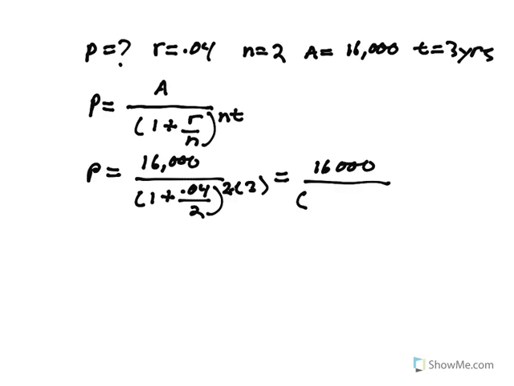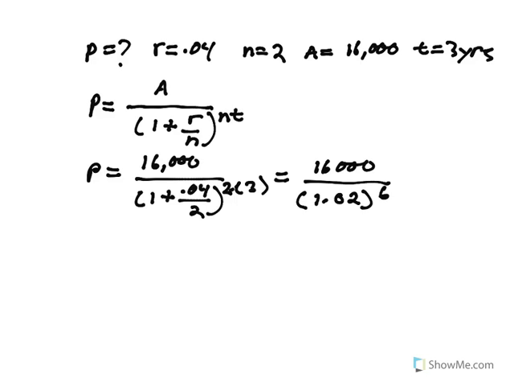When you do 0.04 divided by 2 plus 1, you will get 1.02, and you're going to raise that to the 6th power because 2 times 3 is 6. When you do this calculation, do 1.02 to the 6th power first.